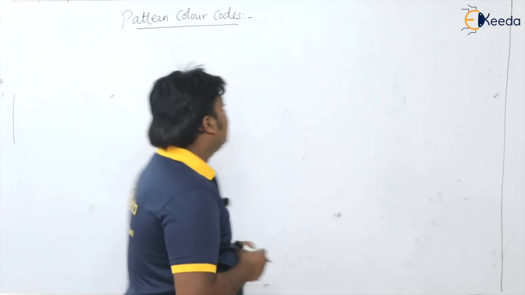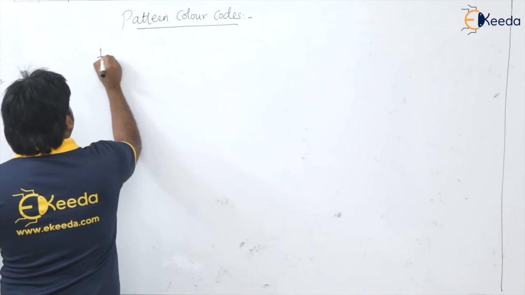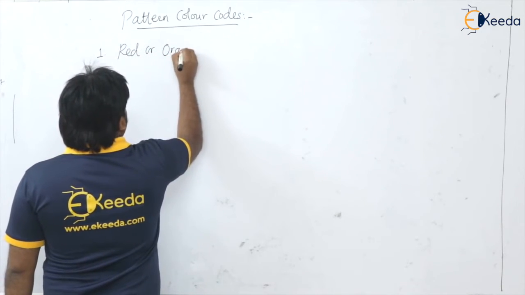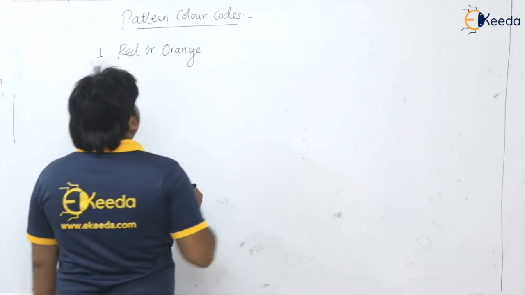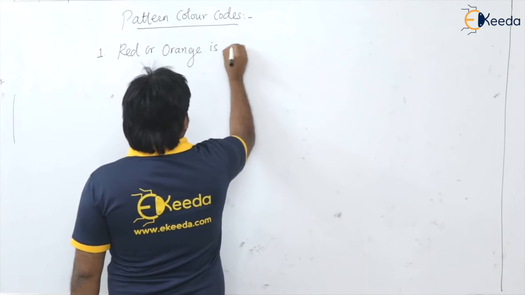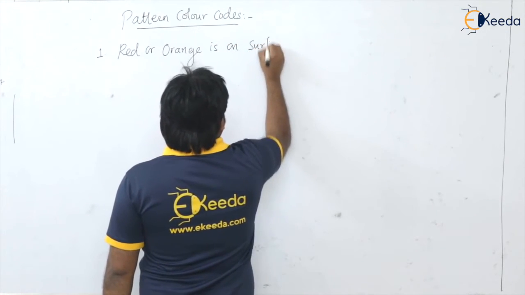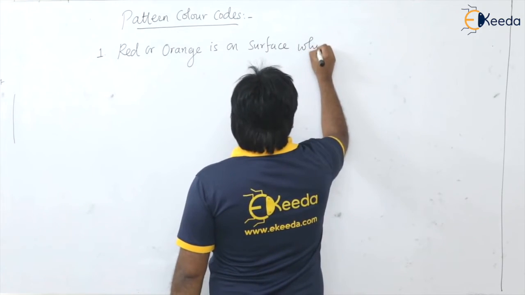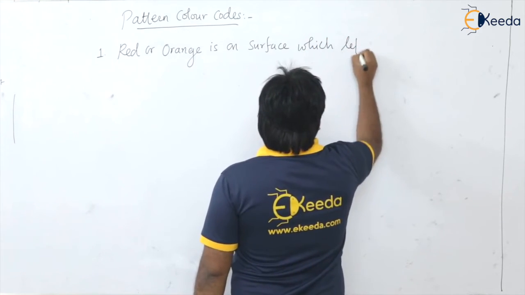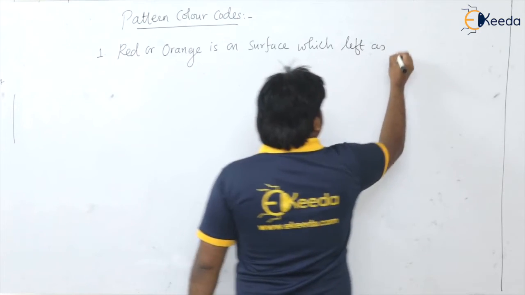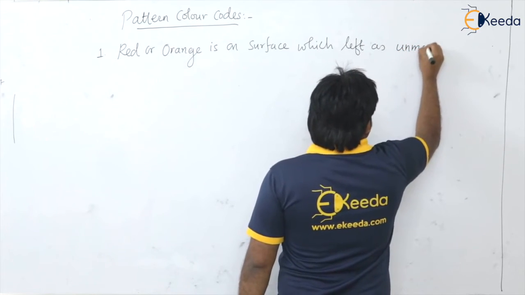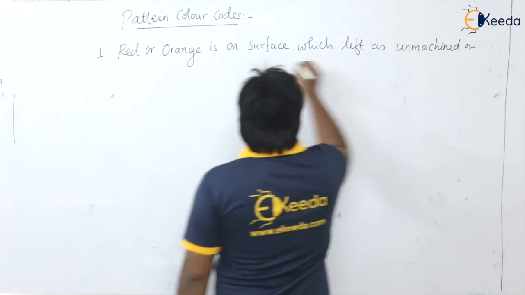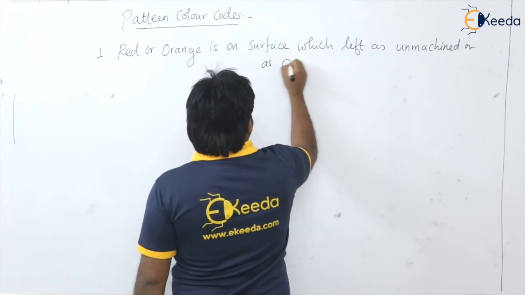Okay, so let us see the various types of colors which are used for coding purposes. Number one, there is red or orange color on the surface which is left as unmachined, or rather we can say left as cast.